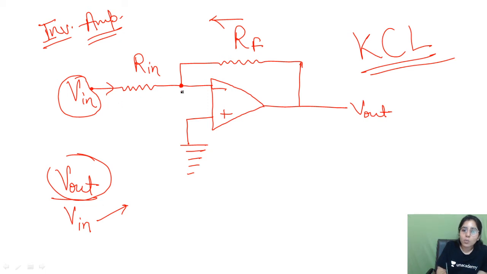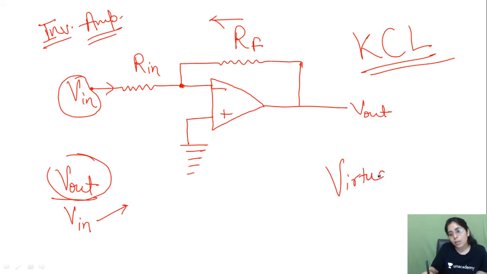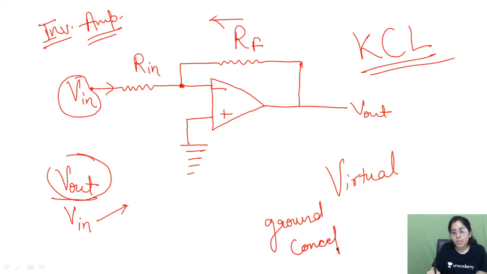What will be the voltage at this point? So there is another concept which is known as the virtual ground concept of op-amp. So what is this virtual ground concept of op-amp? We generally consider the two input terminals of the op-amp are connected to each other.